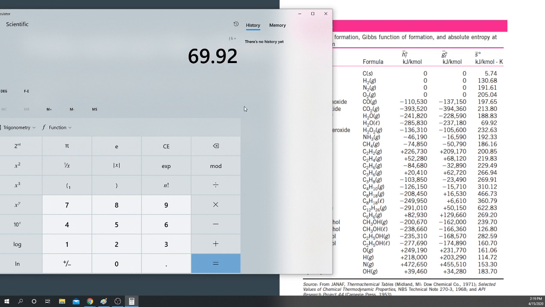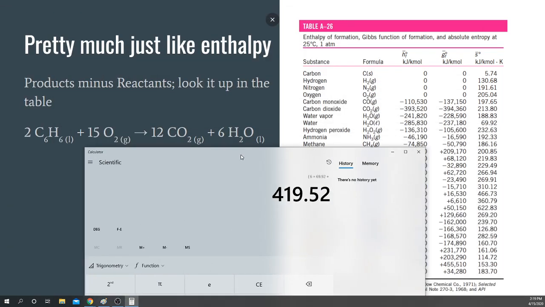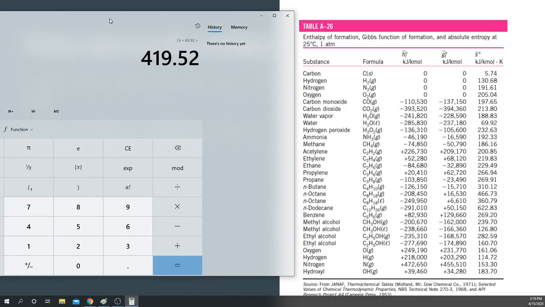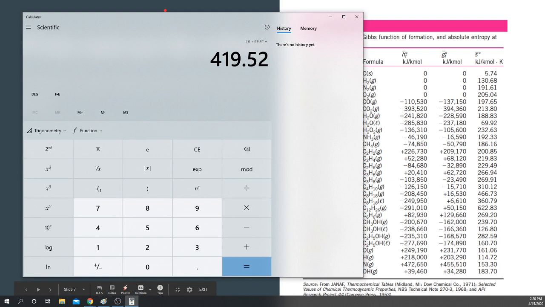Plus, we have 12 gaseous CO2. CO2 right there, 213.80. So 12 times 213.8. Okay, so that's the products added together.